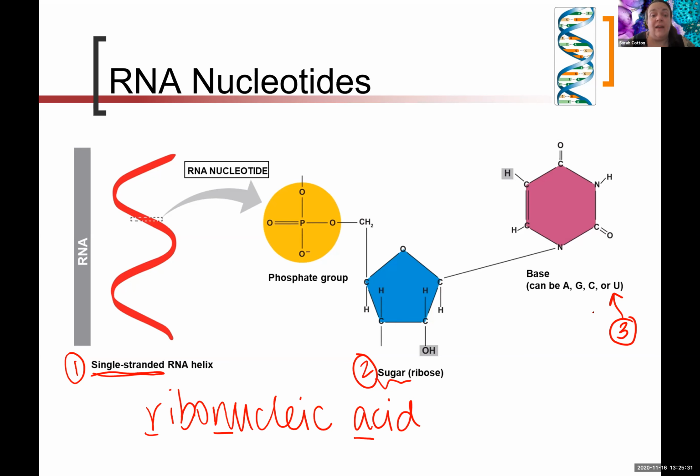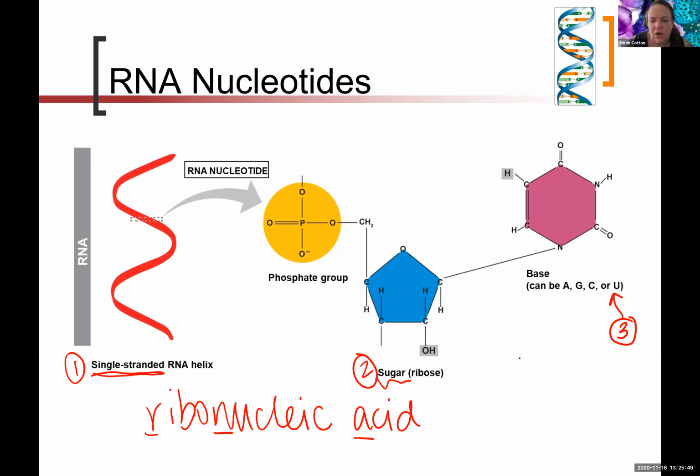And then the third difference is that RNA, because it is also a nucleic acid, has nucleotides that also have a nitrogenous base. But you'll notice here that it says can be A, G, C, or U. We didn't talk about U before.